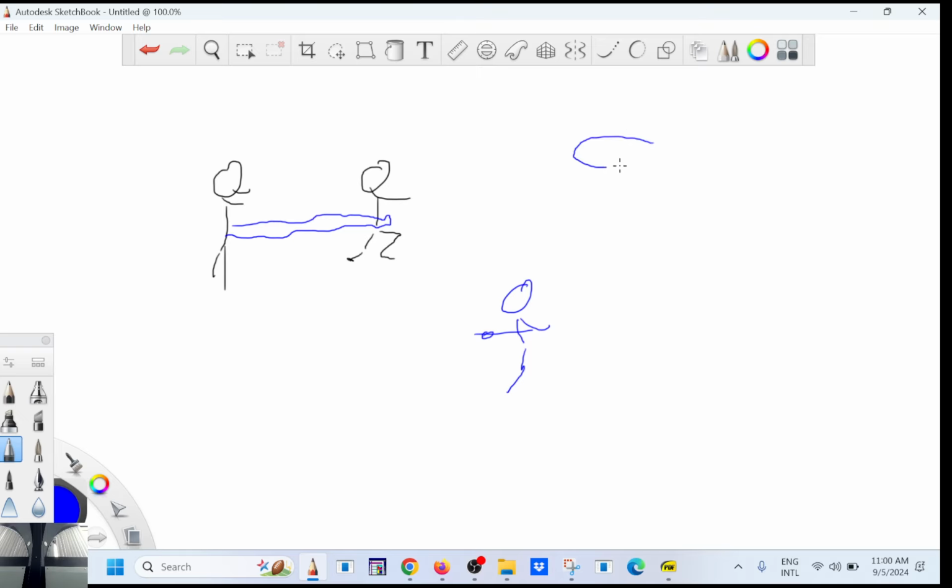Or in a spacecraft. If you have a spacecraft moving this way, and now you fire the retrograde engine, you're going to push this way, so the spacecraft is going to slow down, stop, and reverse.